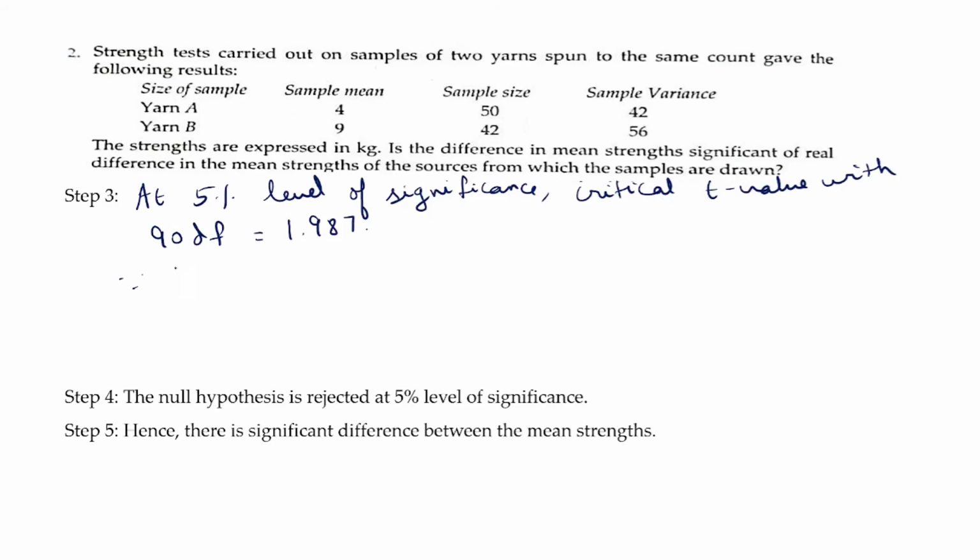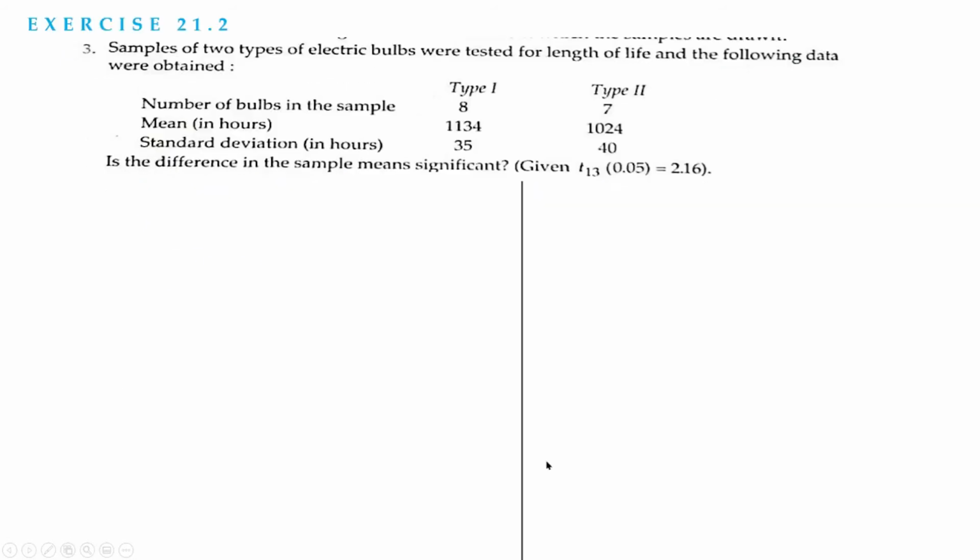Since mod t is greater than the critical t-value, we have to reject H0. So we have found that the calculated t-value is greater than the critical t-value. The null hypothesis is rejected at 5% level of significance. Hence, there is significant difference between the mean strengths of the sources from which the samples are drawn. So we have the result here.